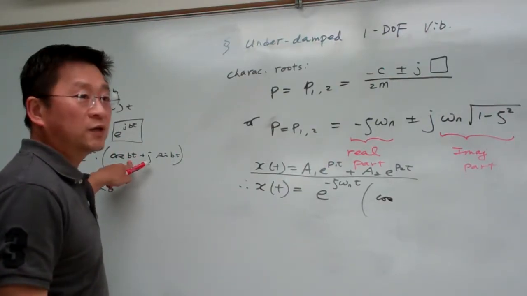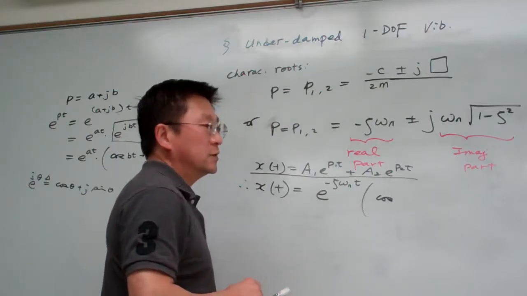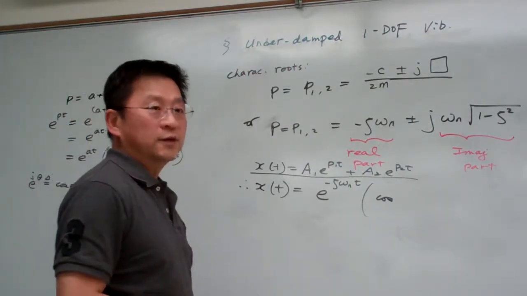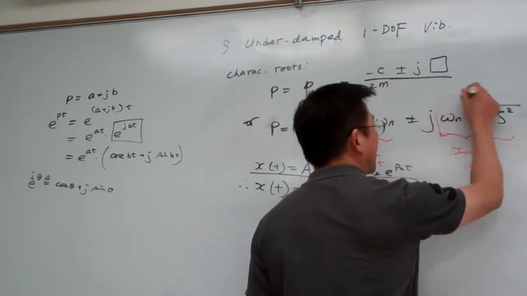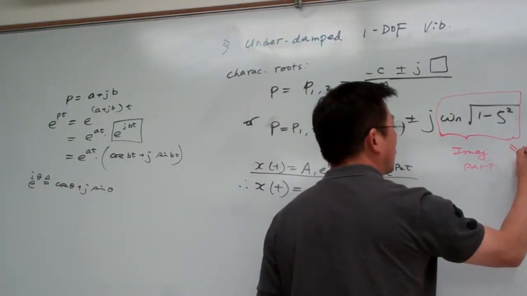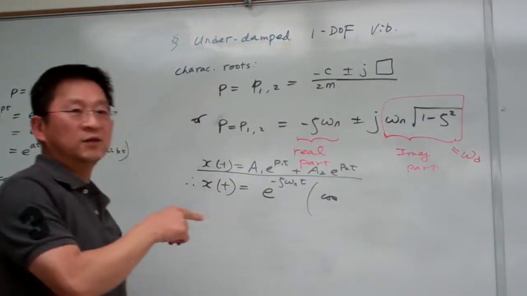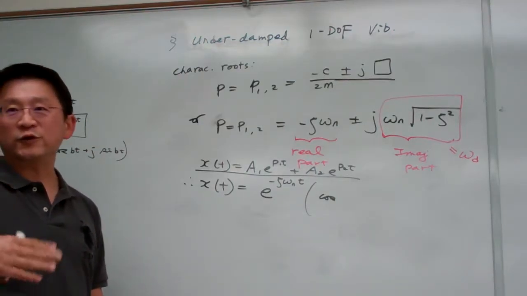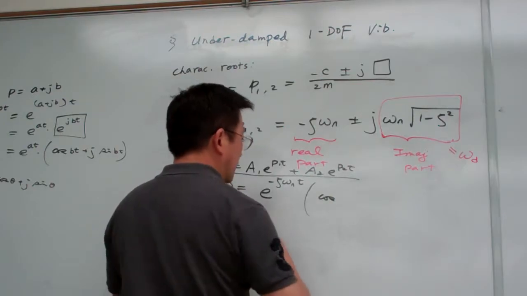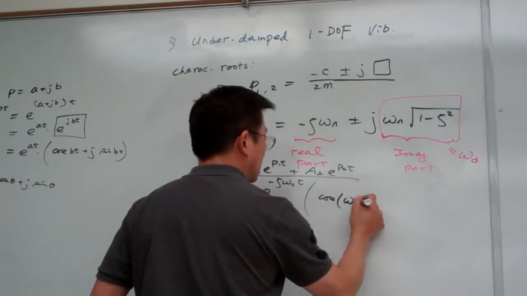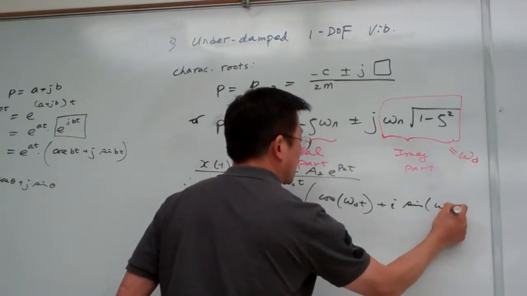What is b? b is our imaginary part. To reduce our writing, let me define the whole thing as omega d. I will explain what omega d is, but let me define the symbol to help reduce the writing on the figures here. So here is omega d t plus j sine omega d t.